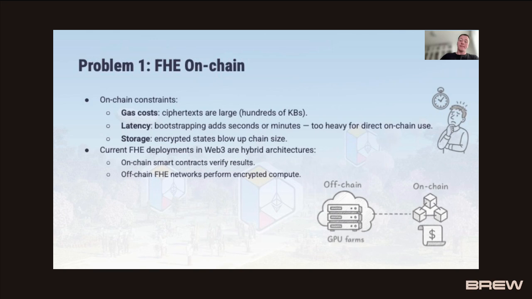While in Web3, there are many parties contributing encrypted inputs, there are many entities that verify outputs, and nobody fully trusts each other, because otherwise we don't have decentralization. So there are quite some problems if you want to deploy FHE on chain.